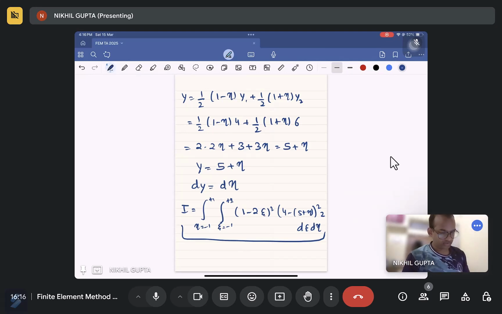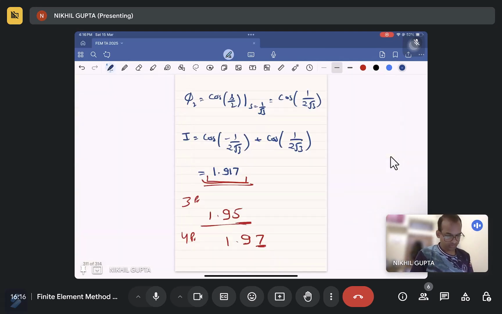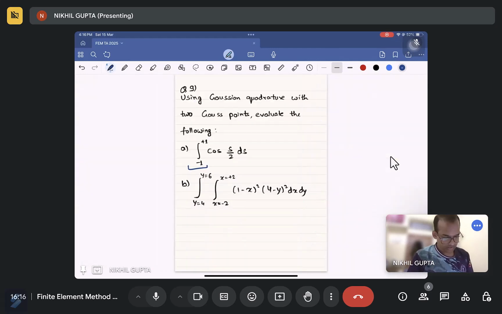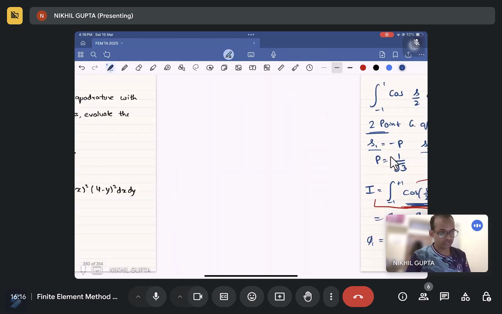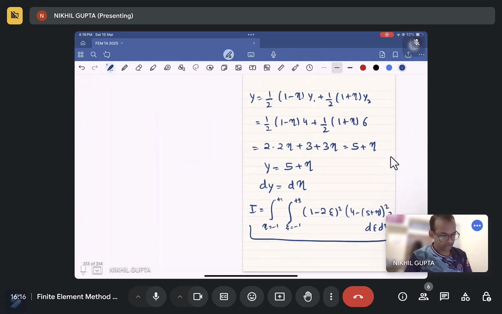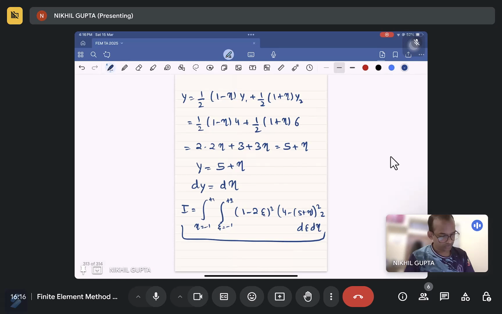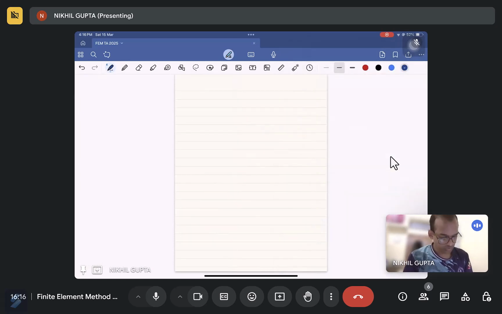Now the question is saying that we have to solve it also with two Gauss points. Let's solve this. So we know that for two Gauss points, the Gauss points are plus minus 1 by root 3 with weight equal to 1.